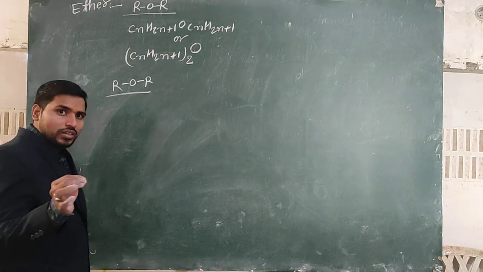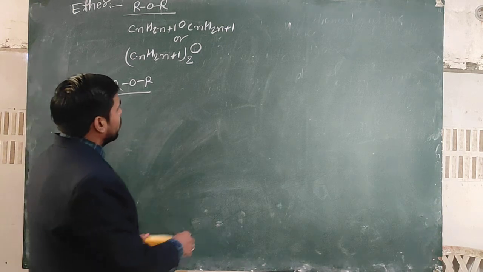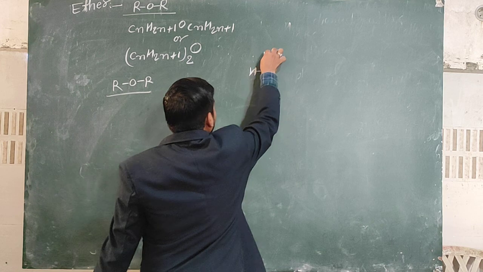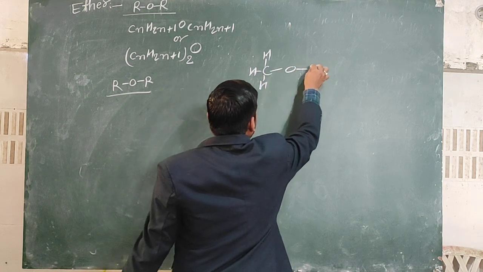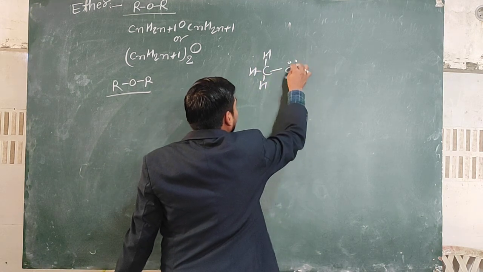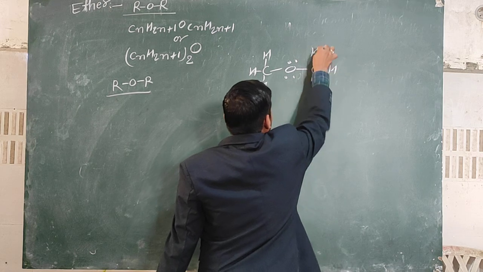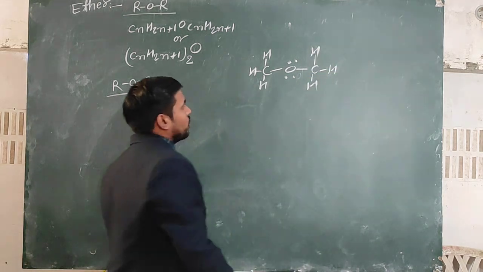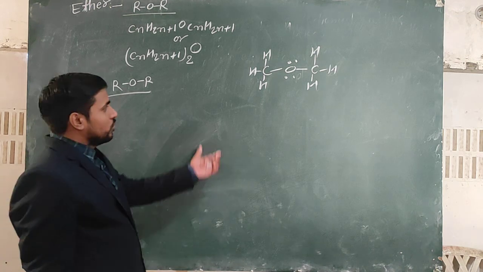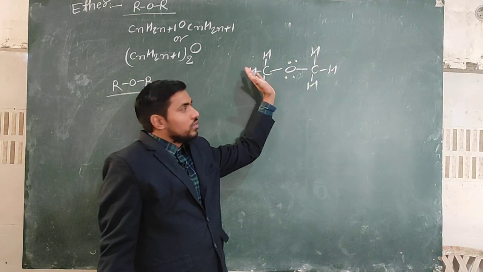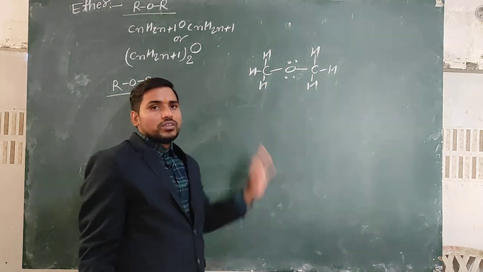Here one thing is very necessary for you: in case of ether, oxygen contains two lone pairs of electrons and on both sides a saturated hydrocarbon is present. When oxygen is present in between two saturated hydrocarbons, then it is known as ether.